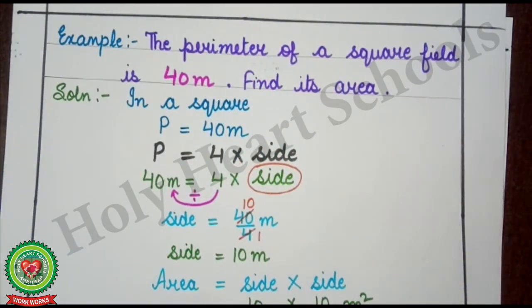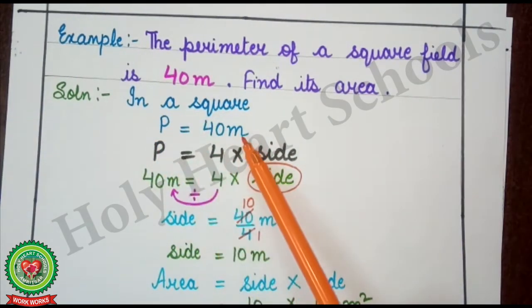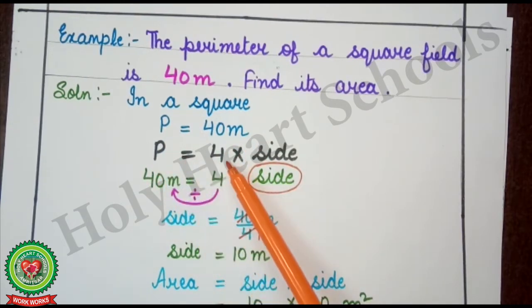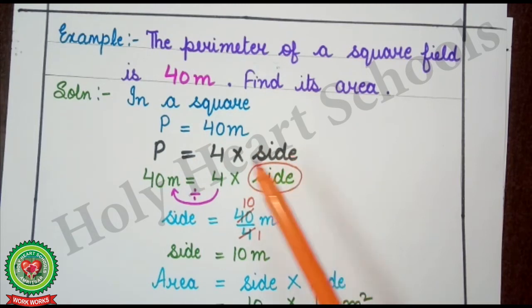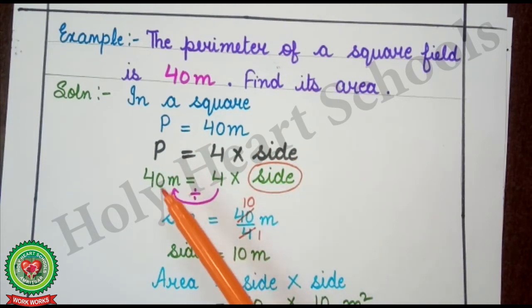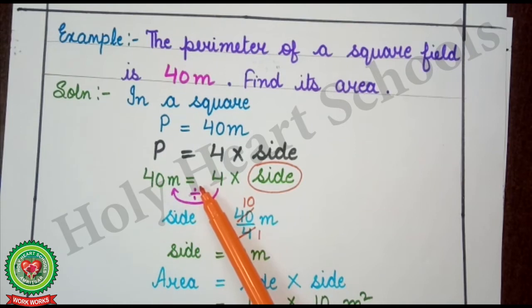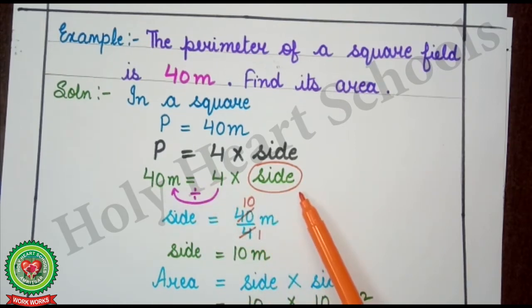So here in a square, perimeter equals 40 meters. Now we know perimeter equals 4 multiplied by side. At the place of perimeter, write down its value, that is 40 meters. 40 meters equals 4 multiplied by side.